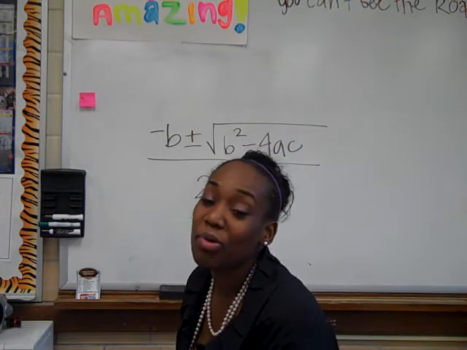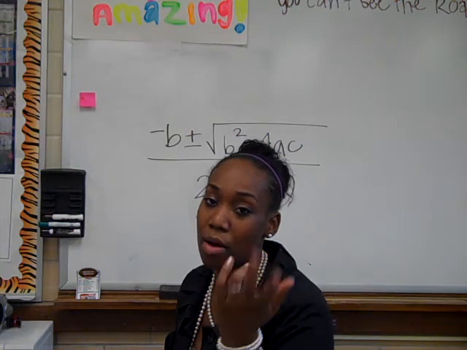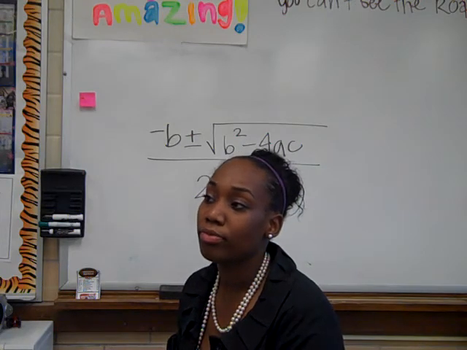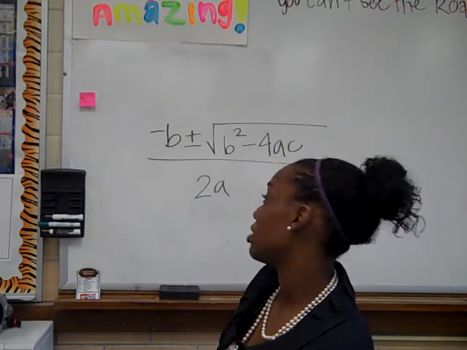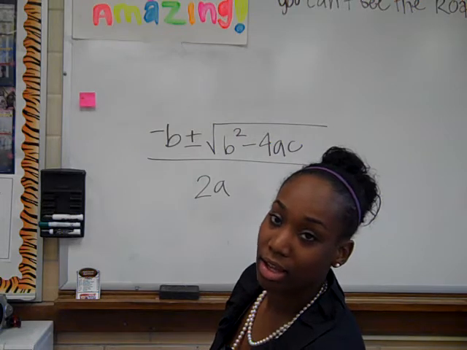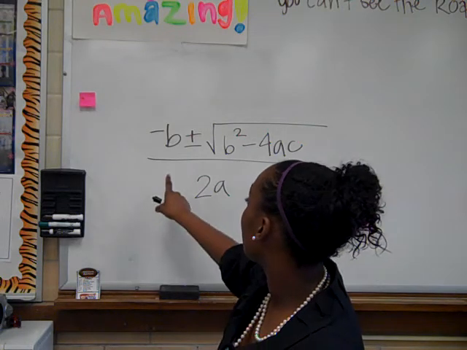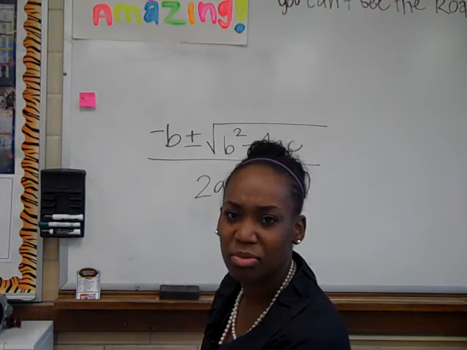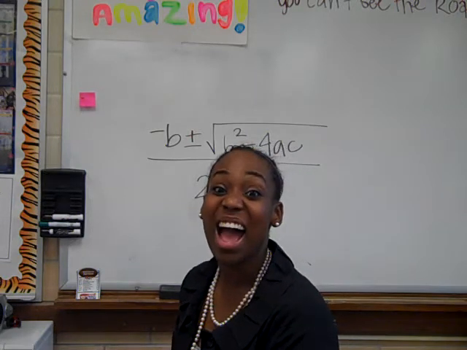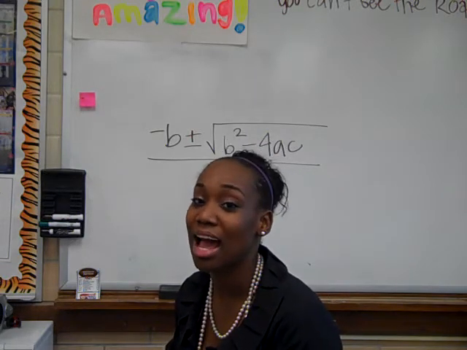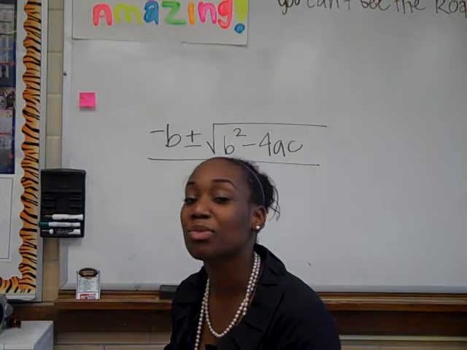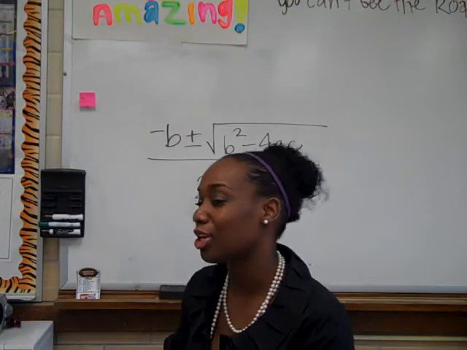Well, I'm going to tell you a quick way that I memorized it when I was in high school. I just looked at it and kind of said, okay, we got negative b, what am I going to do, and it didn't really work. So I met this girl and she taught me how to memorize it with a little story, and I want to share it with y'all. It's kind of cute.